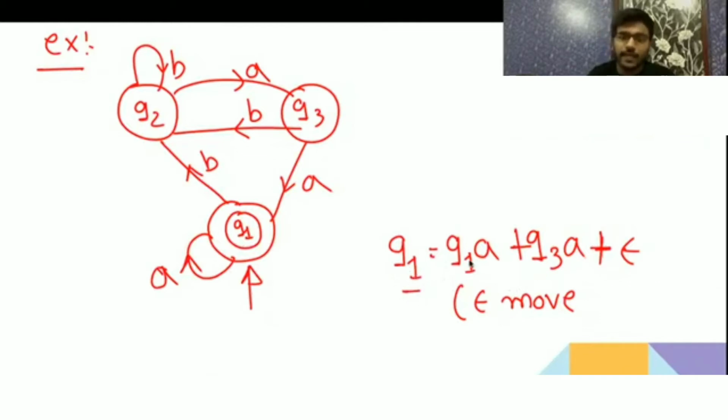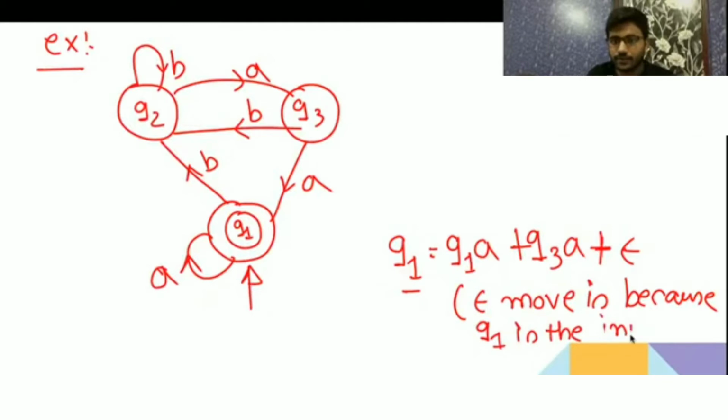Q1 means the ways you can reach the state Q1. So Q1 by getting A you can reach, then Q3 by getting A you can reach Q1, plus epsilon. Why the epsilon move? Because Q1 is the initial state.